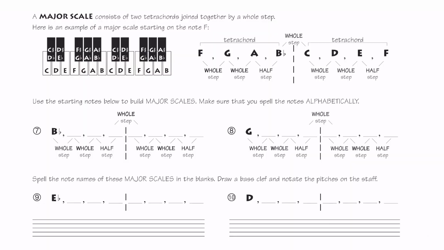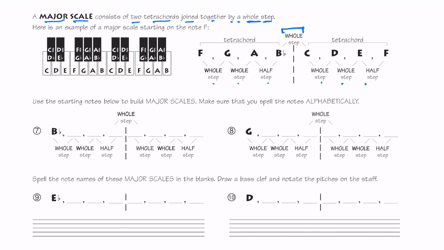And now we're going to use those tetrachords to spell our major scale. And a major scale consists of 2 tetrachords joined together by a whole step. So here's my tetrachord, whole, whole, half. Then I have another tetrachord, whole, whole, half, with the whole step in between.